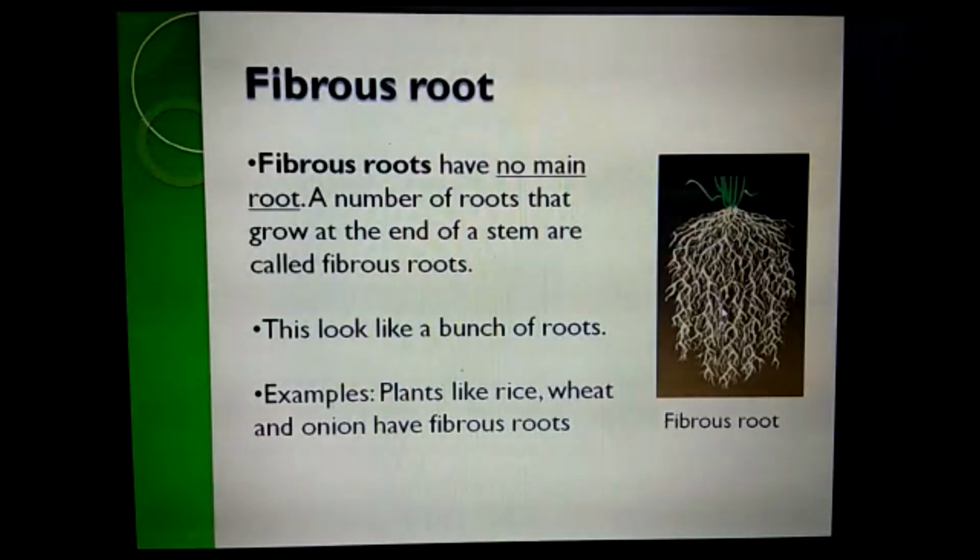It looks like a bunch of roots. देखिए, these look like a bunch of roots. The examples of this type of root are rice, wheat and onion. These have fibrous roots.